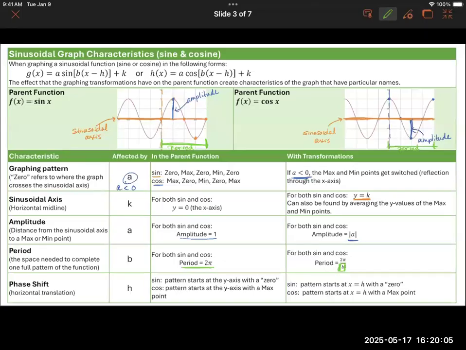So normally the pattern starts at the y-axis, but if we have a phase shift, then it's going to start at x equals h. And you might want to consider drawing a vertical dotted line there as kind of your new y-axis, so to speak, because that's where you're going to be starting your pattern now to sketch your graph.